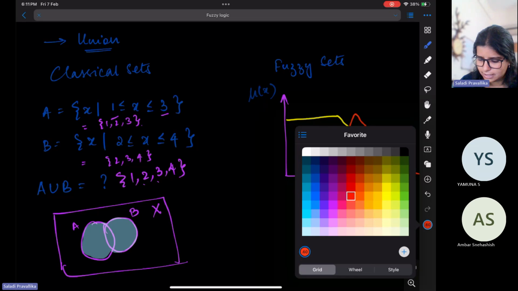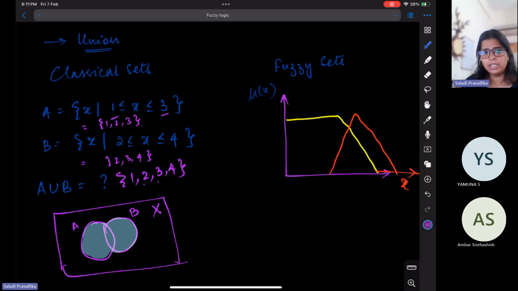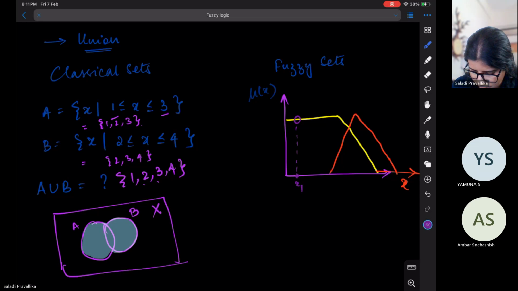So in a fuzzy set, when you are taking a union between fuzzy set A and fuzzy set B, what you're essentially going to do is take whatever the maximum membership function value is at that particular x value. Let us just call it x2. So here we have two membership function values, right? One from set A and one from set B.